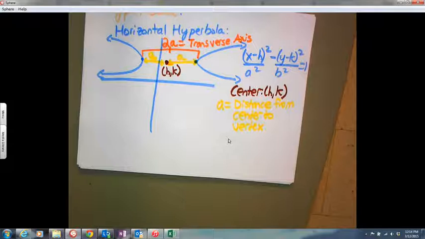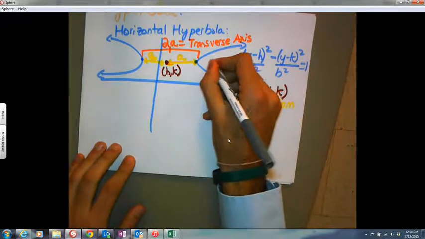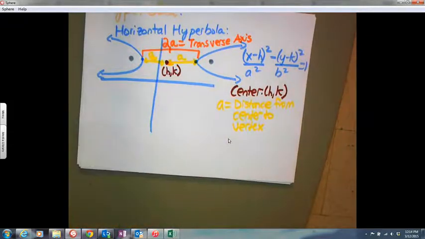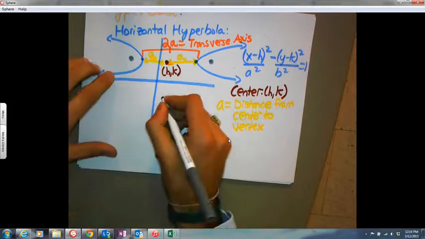Then the hyperbola has two foci, one here, one in here. And we have again this letter c. Remember, c from before was a squared minus b squared.